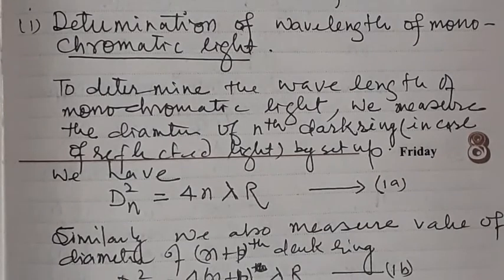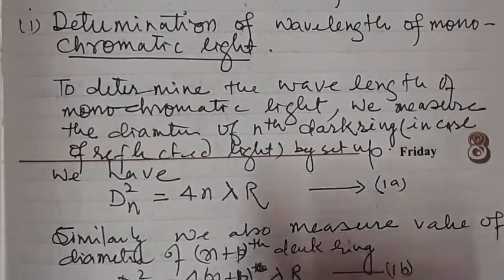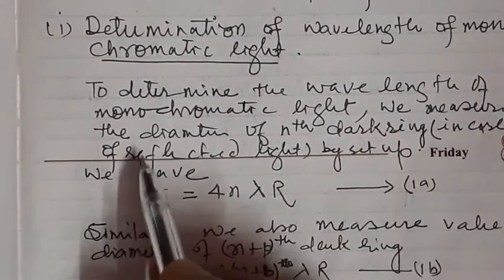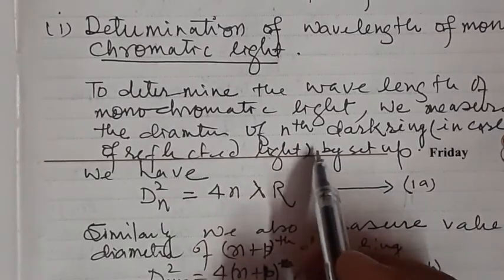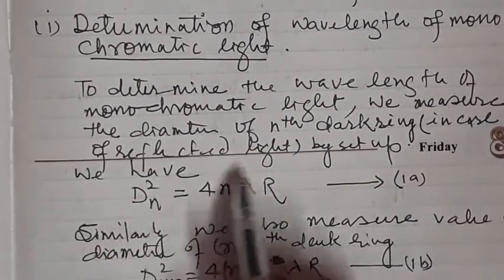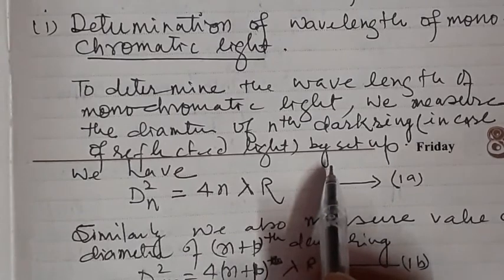To determine the wavelength of monochromatic light, we first measure the diameter of the nth dark ring in case of the reflected light.